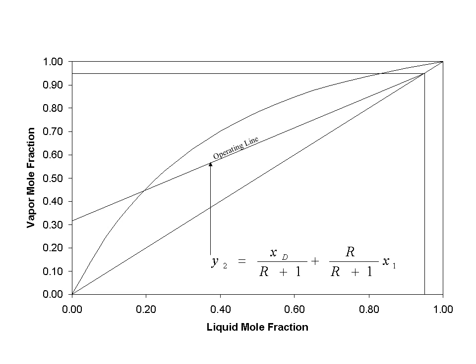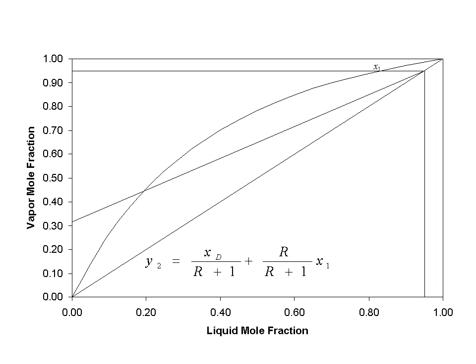The y-intercept is given to us when x1 is equal to 0, and it's just xD over R plus 1. In our diagram, the y-intercept is about 0.32. This line will also intersect the y equals x curve when x1 is equal to xD. So this now is our operating line, which we will use for the design of our column above the feed stage.